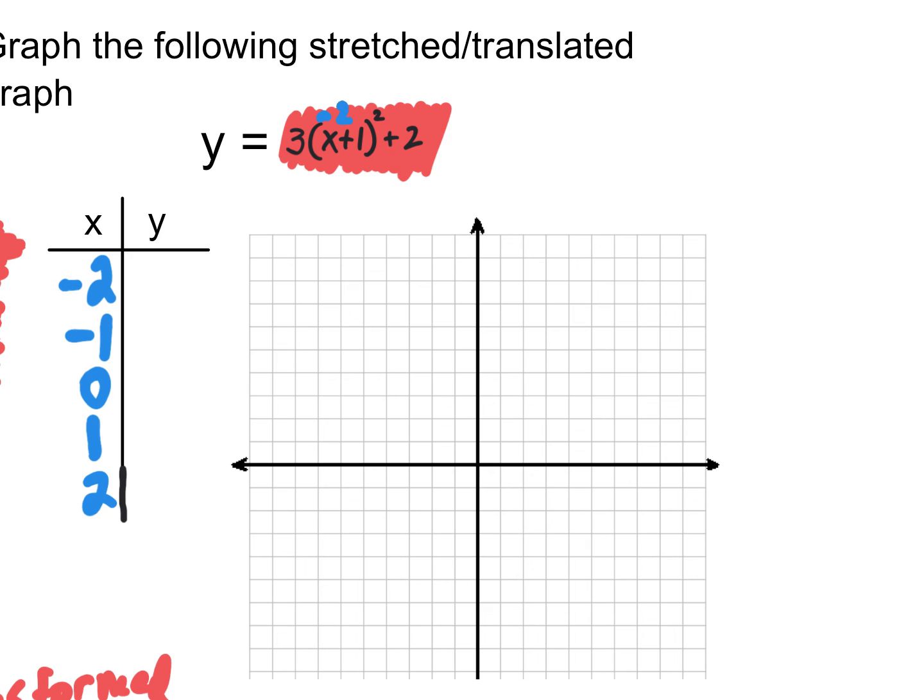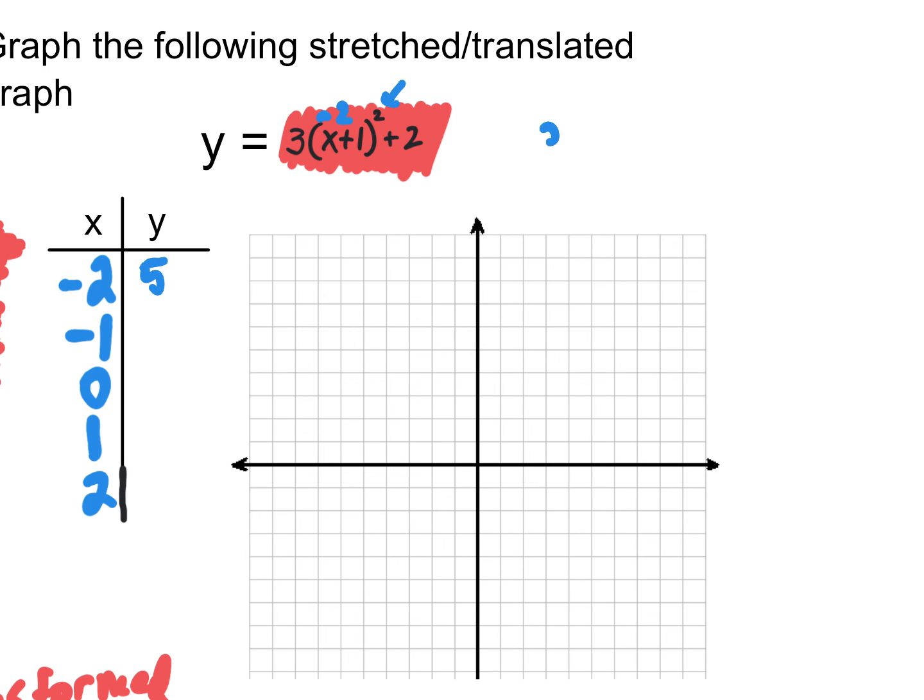And to speed this up, I'm going to do the first one with you, and then I'm going to pause and write the rest of them in. So I'm going to put the -2 plus 1, and I'll have -1. I square that. -1 squared is 1. Times 3 is 3. Plus 2 makes 5.